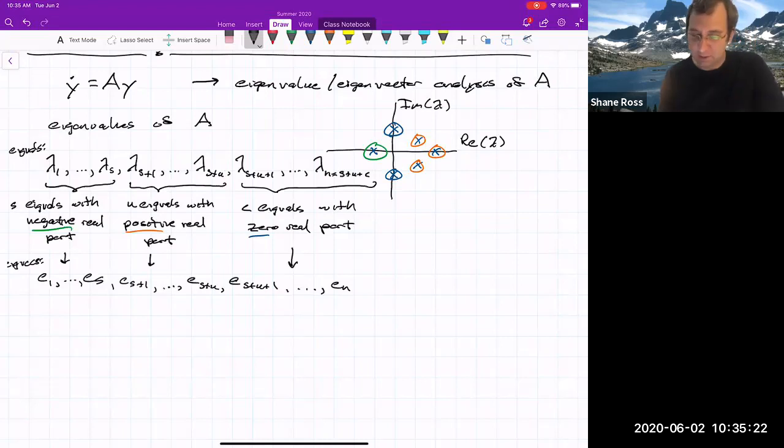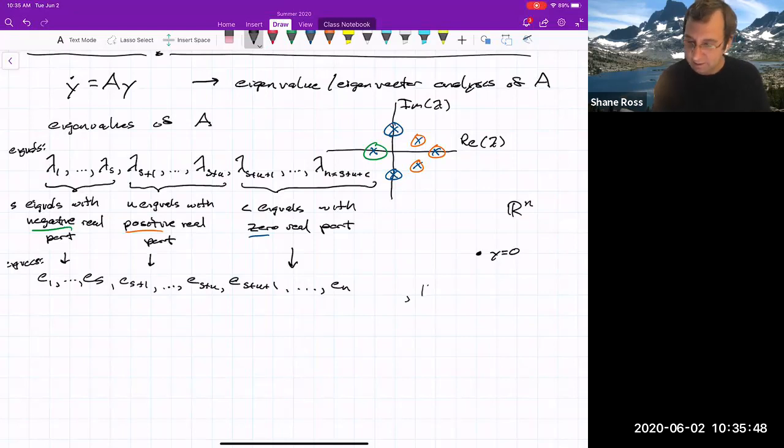Why are we naming them s, u, and c? Well, you could take the local phase space, right? Here's y equals 0, our equilibrium point. And the phase space is R n. We're going to write R n as a direct sum of 3 subspaces, which are all like Euclidean subspaces.